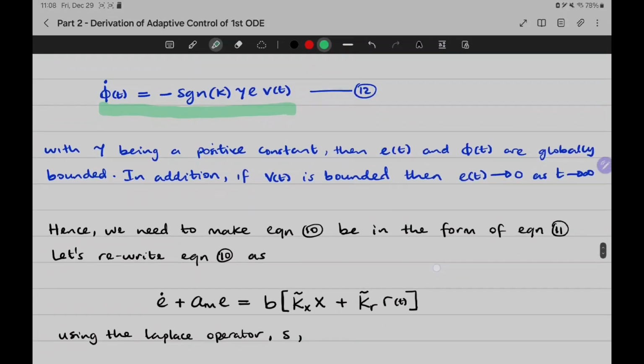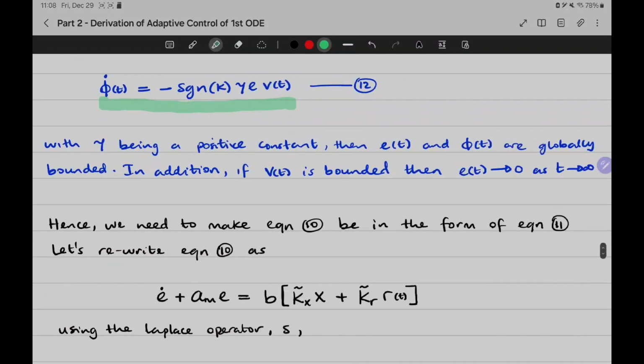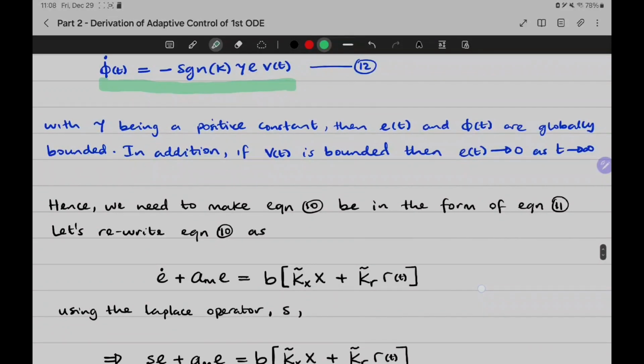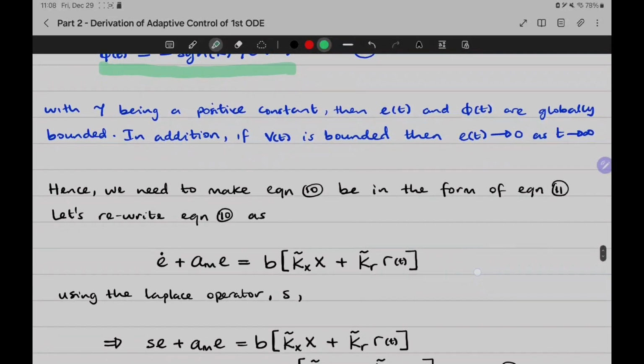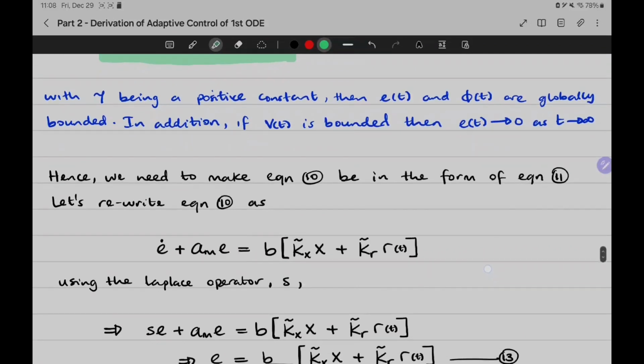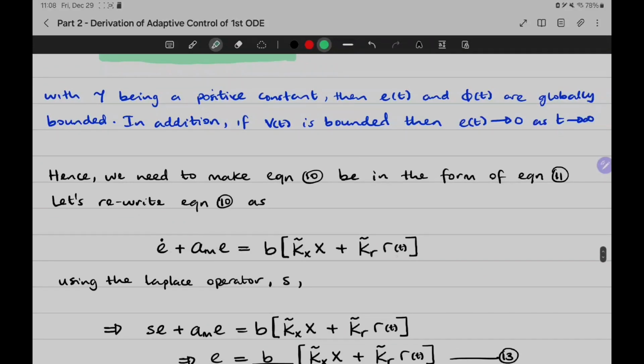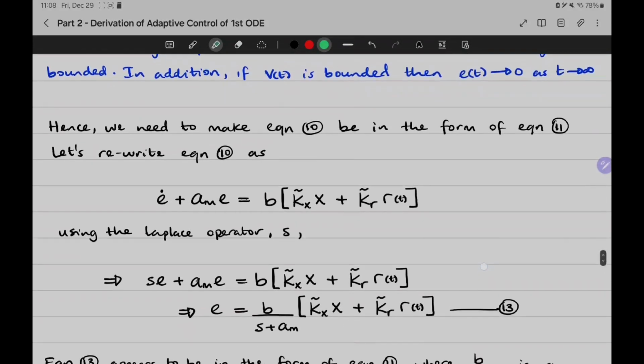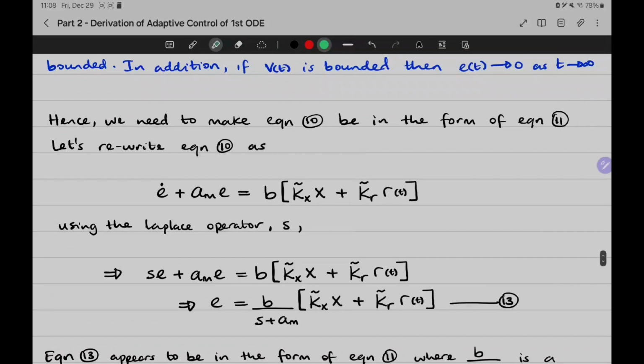All right, so you can go more into this, and I'm going to put the reference to where you can look at that lemma. Like I mentioned, all we need is to make equation 10 be in the form of equation 11. So we just rewrite equation 10 into this form. If you remember how to use the Laplace operator, E dot is simply the same as SE, where S is the Laplace operator.